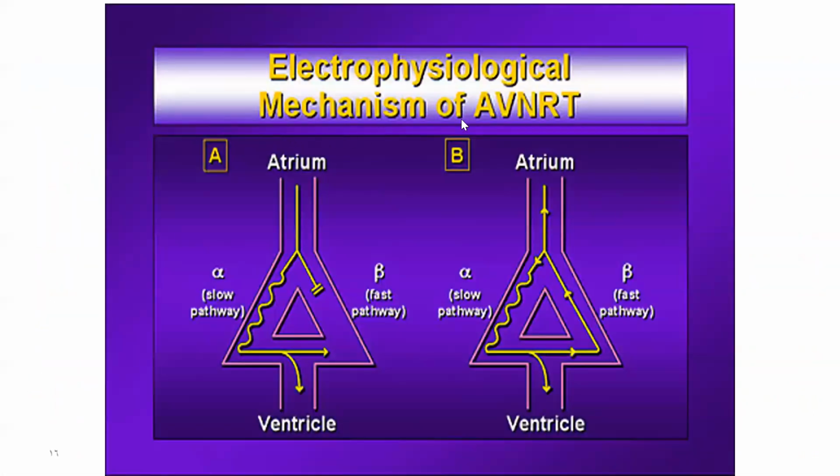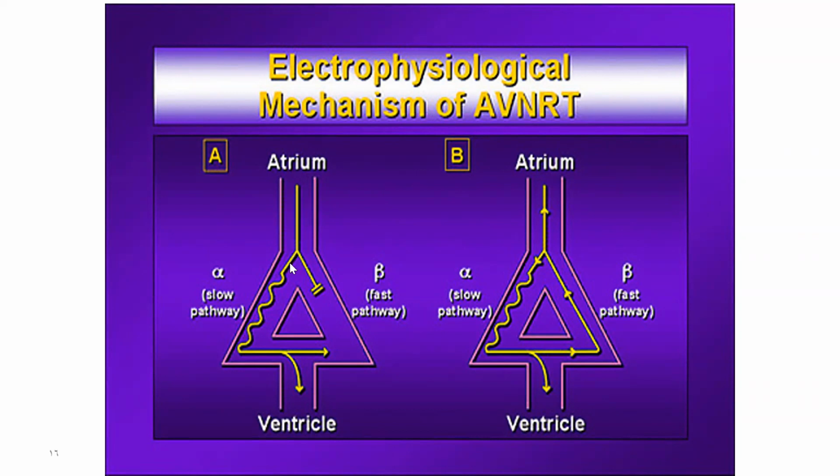So the electrophysiological mechanism of AV nodal reentry tachycardia is when there is induction of PVCs or atrial pacing in the lab, or when there is premature ventricular contraction. The premature beat finds the fast pathway blocked in its effective refractory period due to the previous normal beat.